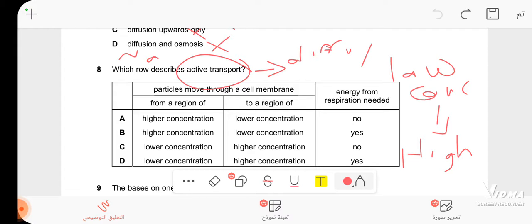So particles move through a cell membrane from a region of low concentration to a region of higher concentration. Yes. Energy from respiration needed? Yes. So the answer here will be D.